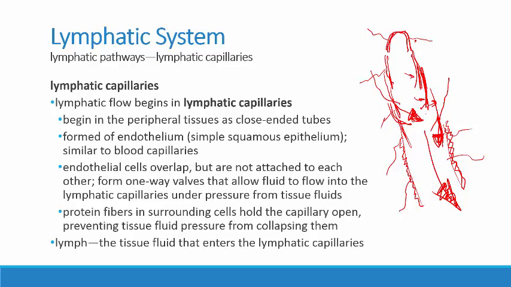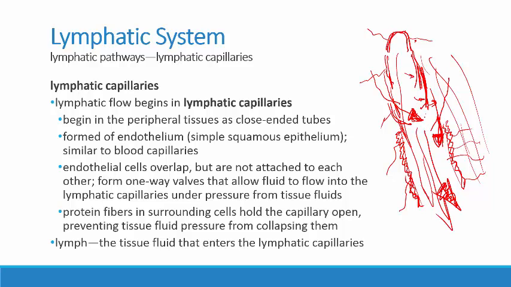So associated with that protein mesh basement membrane, they're held open because these fibers are attached back in the muscle tissue around. So the lymphatic capillary doesn't get squished closed, it's held open. But when we squeeze by moving our muscles or stroking the skin, then that will create enough pressure that the lymphatics will see flow of lymph through them.